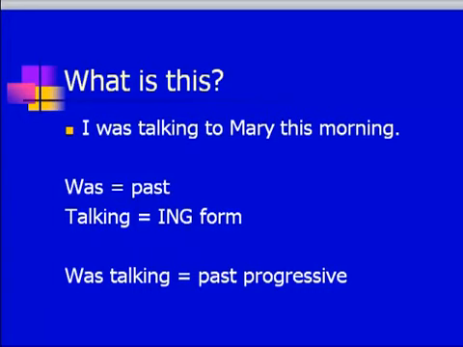So we can say, well, there was a moment in time before now, which is this morning. That's the moment in time in the past, and at that moment in time something was in progress. So at that point you were talking to Mary. So that's the past progressive.